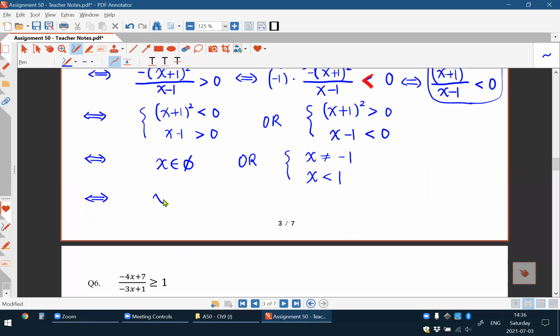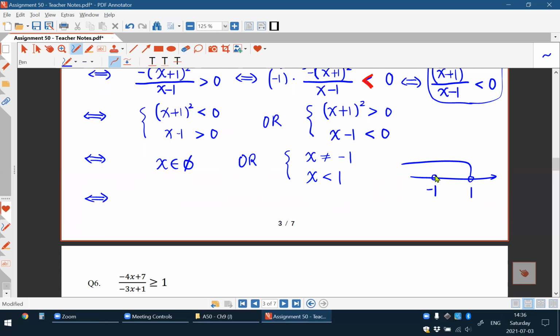So this means x either belongs to an empty set or x is smaller than 1, but x cannot be minus 1. So suppose this is 1, x must be smaller than 1, but x cannot be minus 1.